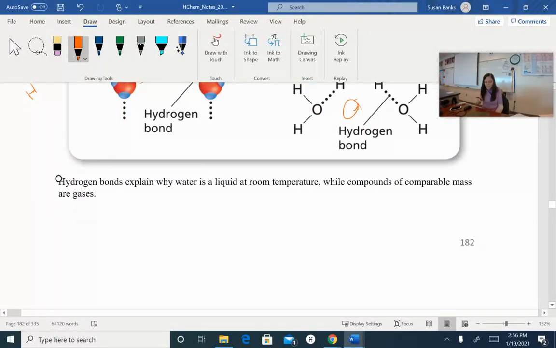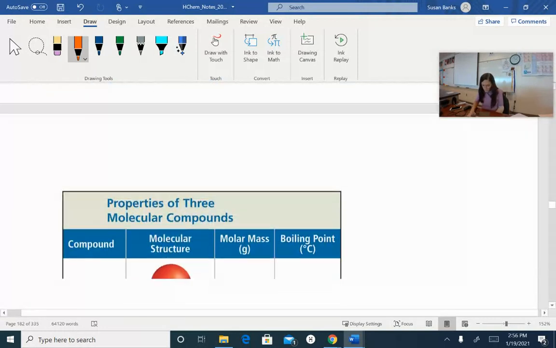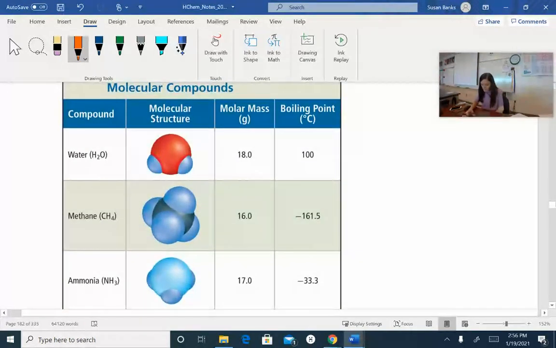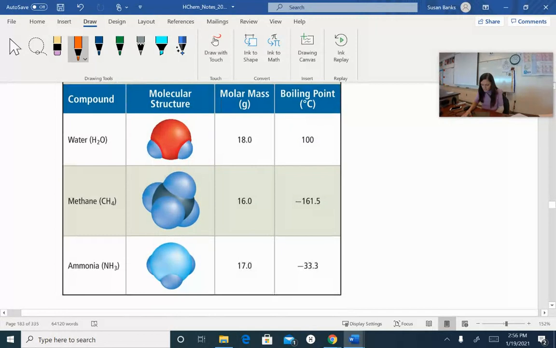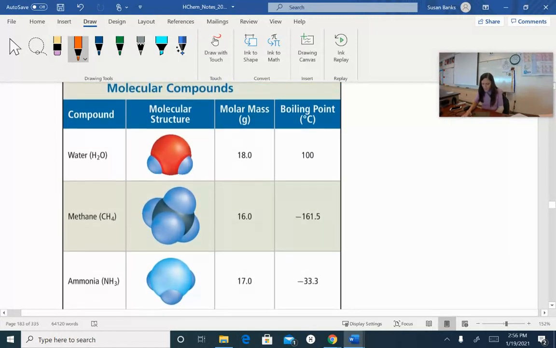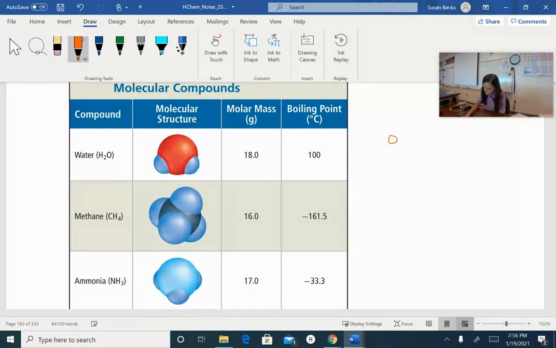Okay? Hydrogen bonds also explain why water is liquid at room temperature, while compounds of comparable masses are gases. Okay? So, let's look at some molecules that have relatively comparable masses and look at their boiling points. So we have water, H2O.